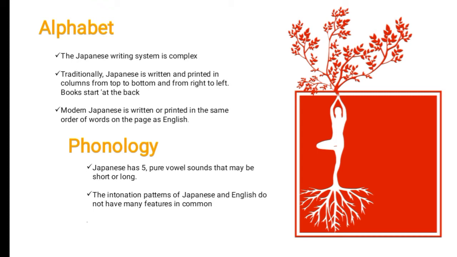intonation. The intonation patterns of Japanese and English do not have many features in common. Some of the meaning that the English native speaker conveys by stress and or a change of pitch is expressed differently in Japanese, for example, by adverbials.